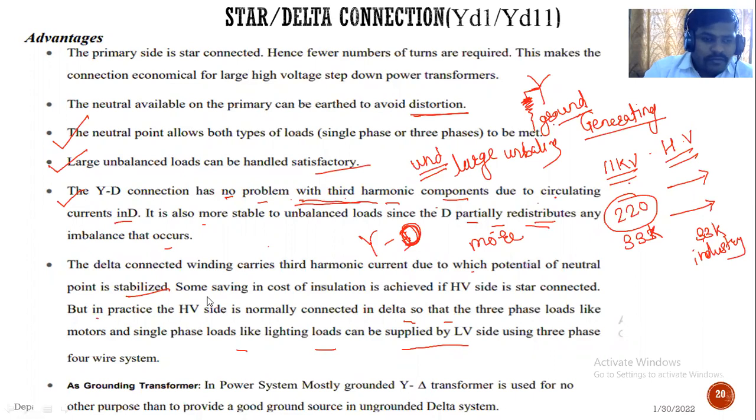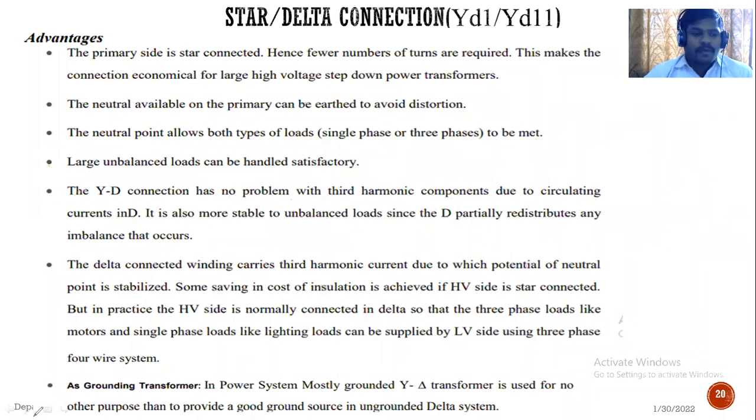Okay, now as a grounding transformer in the power system, mostly a grounded star delta transformer is used, for no other purpose than to provide a good ground source in an ungrounded delta system.